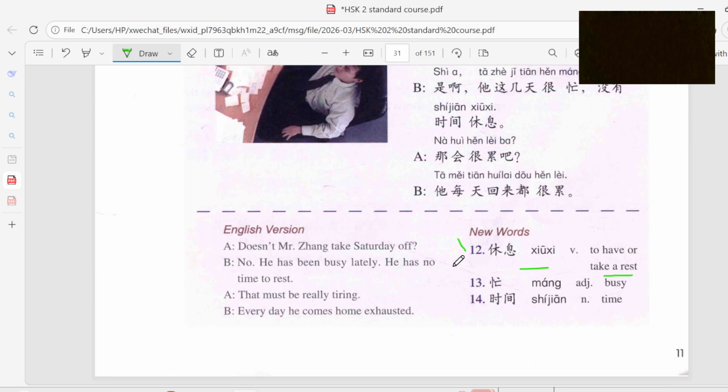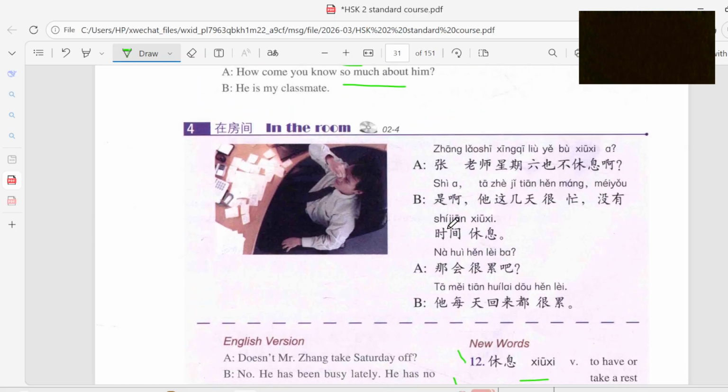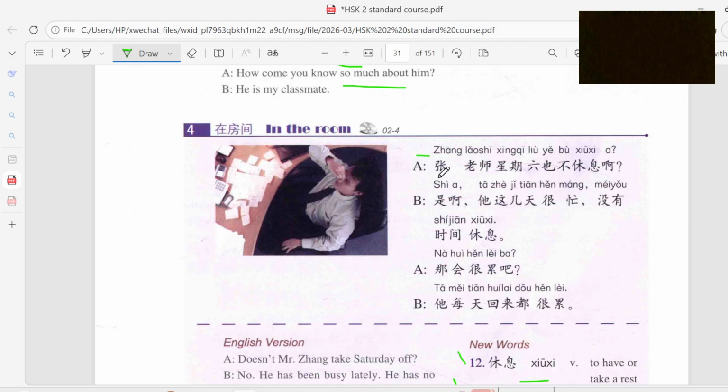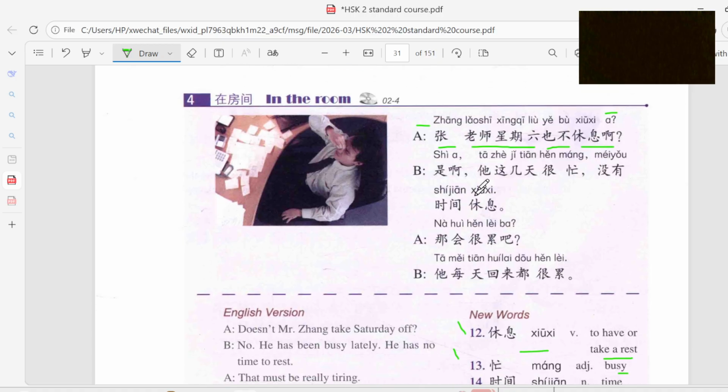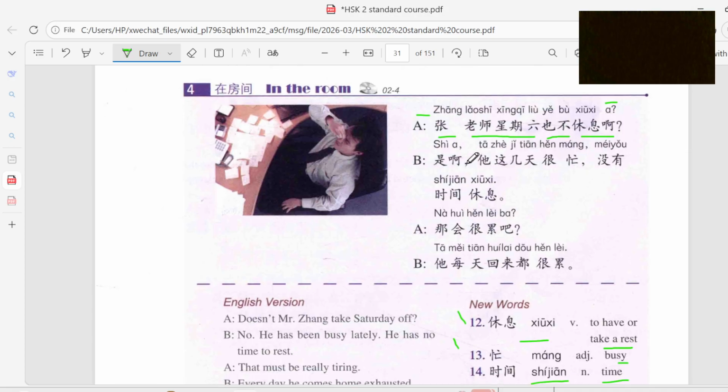Repeat. 休息. 忙 is an adjective, busy. 忙. 时间, repeat, 时间, time. 张老师, this is Teacher Zhang. 张老师星期六也不休息啊。This is surprise at the end: Mr. Zhang doesn't take a break. He doesn't take a Saturday off. 张老师星期六 is Saturday. 也不休息, he doesn't take a day off even on Saturday.